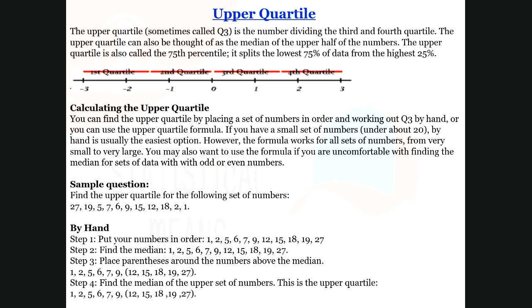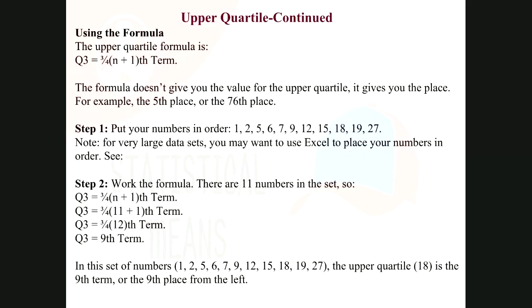So, in our example, we want to find the upper quartile for the following set of numbers: 27, 19, 5, 7, 6, 9, 15, 12, 18, 2, and 1. The upper quartile formula is Q3 equals 3/4 times (n, the sample size, plus 1) term.